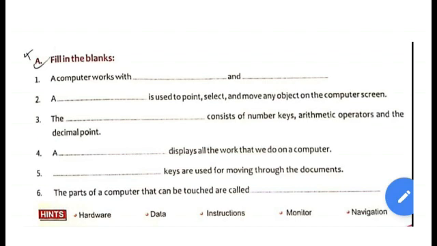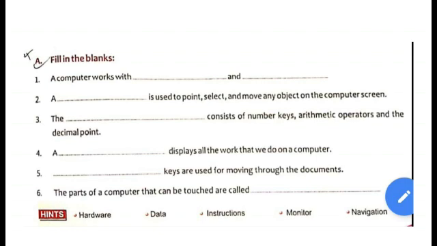Question number 3. The dash consists of number keys, arithmetic operators and the decimal point. The answer to this question is, the numeric pad consists of number keys, arithmetic operators and the decimal point.